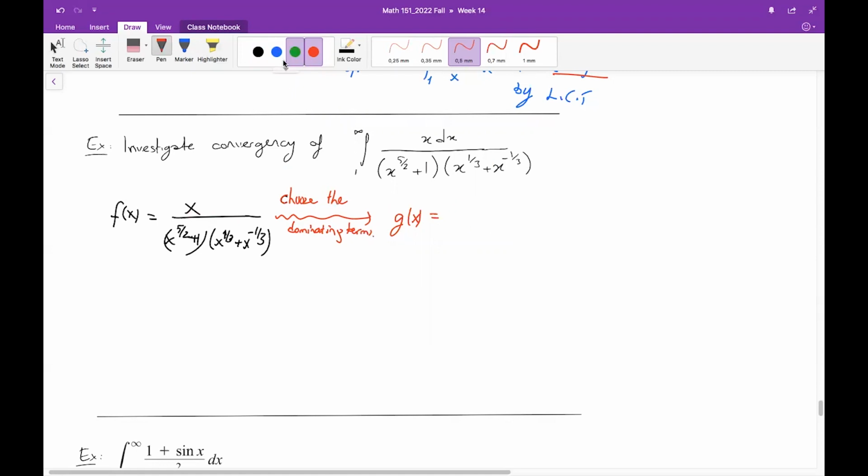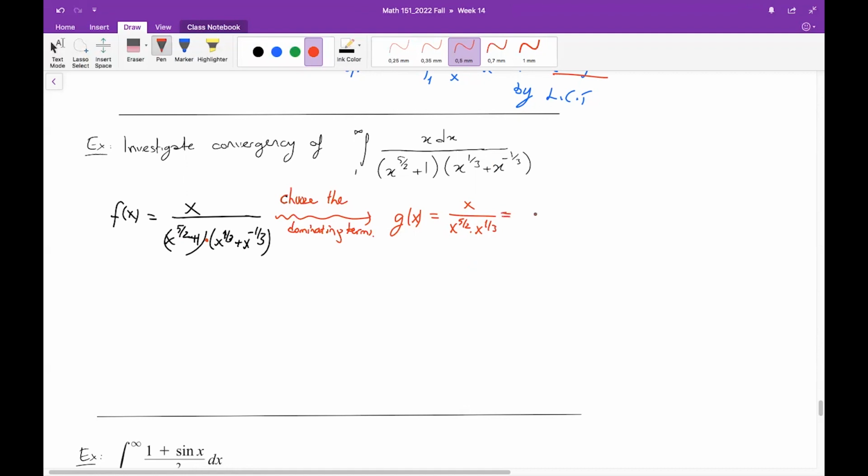So x in the numerator will stay as x because there is no other term. But look at the denominator. In the denominator, the dominating term is the term that has the highest degree for x. So it is x to the power 5 over 2 times x to the power 1/3. After you do this multiplication, this will be the dominating term for the denominator, right?